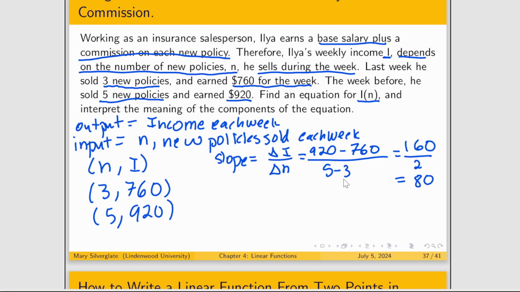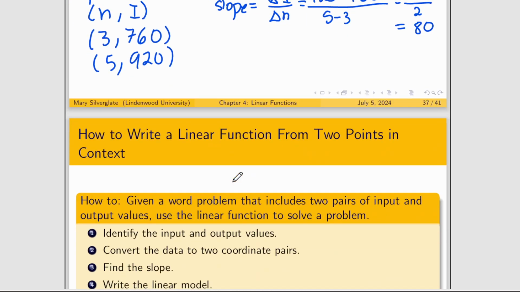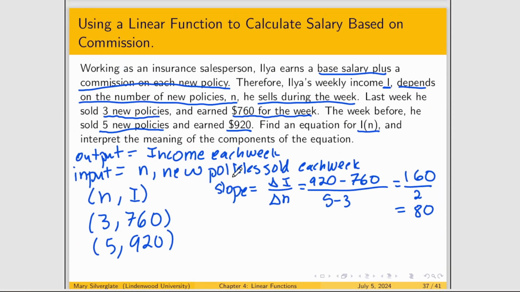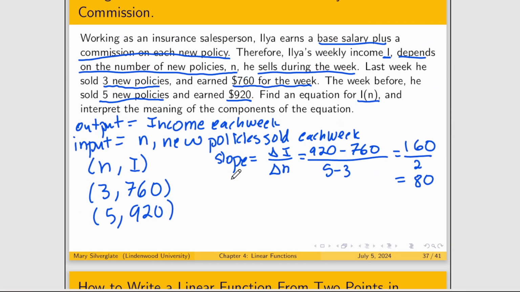And even before we write the rest of this, the slope is going to come into play in our equation. And what we just figured out was, in the way we calculated it, we already kind of interpreted the slope.